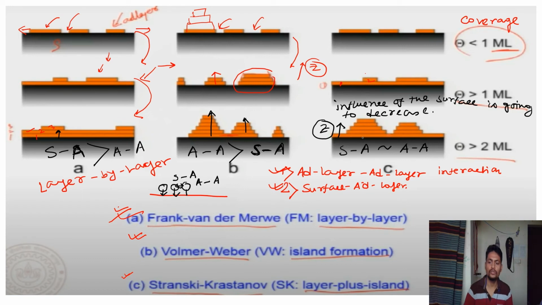So in this region, because the surface is much farther from the adsorbate layer, the add interaction will increase relative to the surface interaction. That's why after a certain layer, there will be island formation. So this is both island and layer by layer, and that is called Stranski-Krastanov.